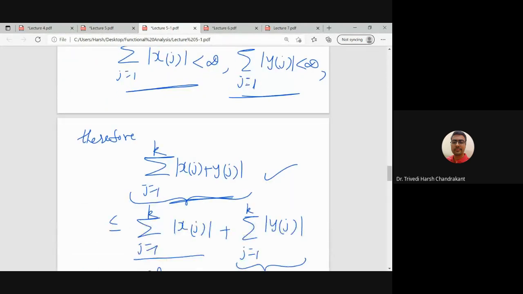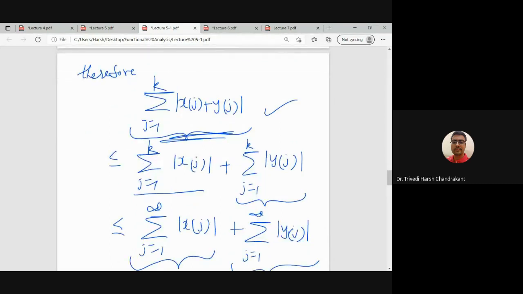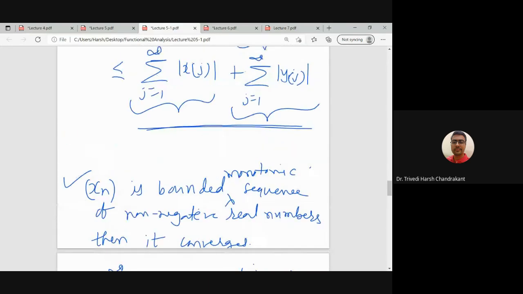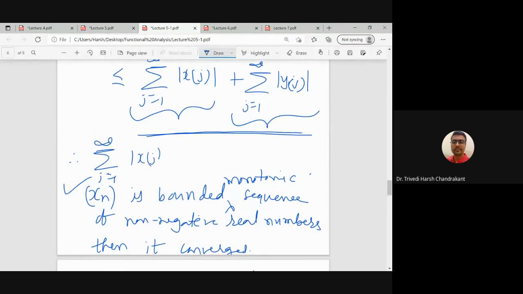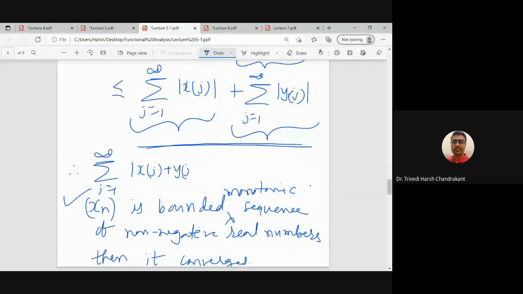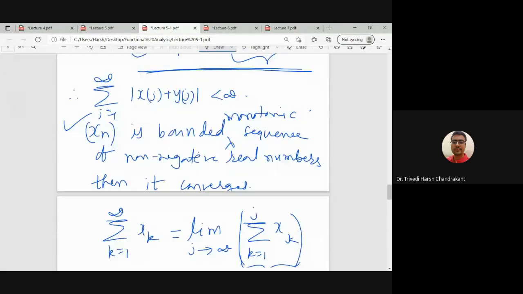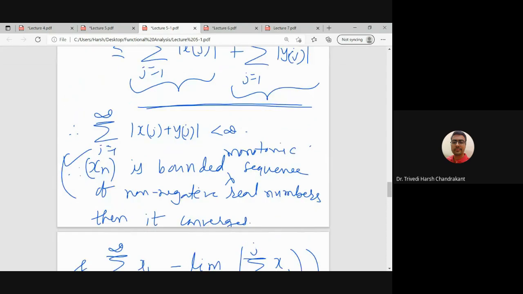Since the partial sums form a bounded sequence of non-negative numbers, therefore the sequence converges. So these two things basically we are using here.